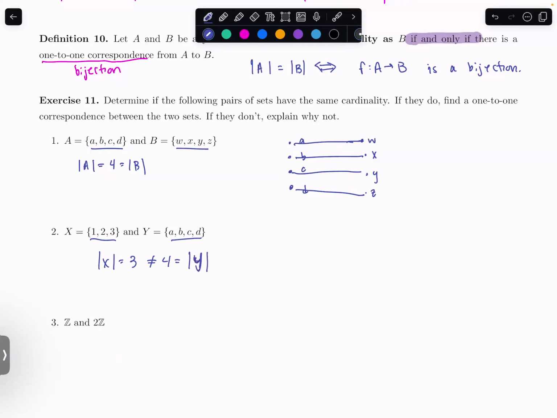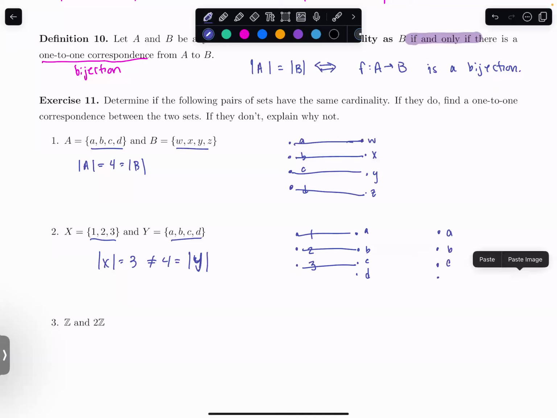So if we tried, just for good measure, we either can't hit everything, or, if we were trying to go the other way, because it should work either way, it doesn't matter if it's A to B or B to A. So either it's not onto, or it is not 1-to-1, depending on which way you set up which is the bigger set in your function, so if it's the domain or the codomain.